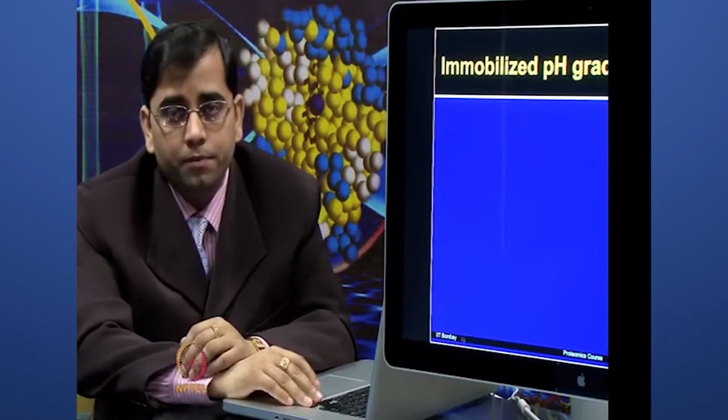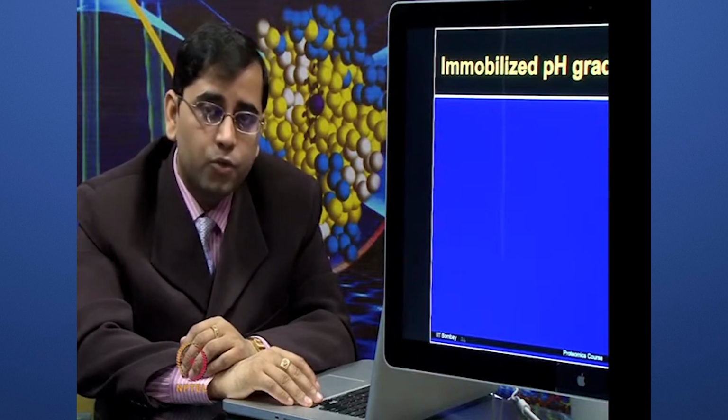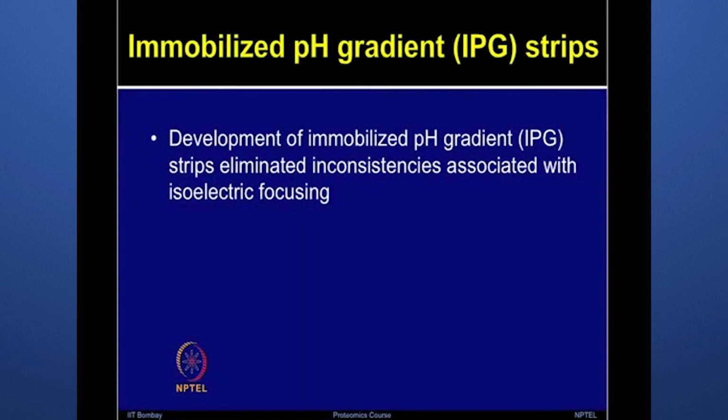So, let us talk about the immobilized pH gradient strip, or the IPG strip, which was one of the major milestone developments in the 2D field. The development of the IPG strip, as compared to the tube gel, removed a lot of inconsistencies which were involved earlier during isoelectric focusing.